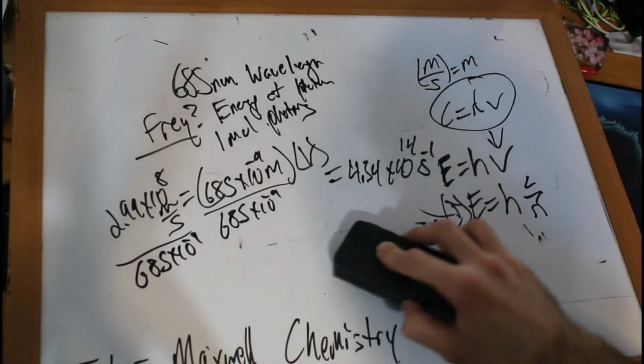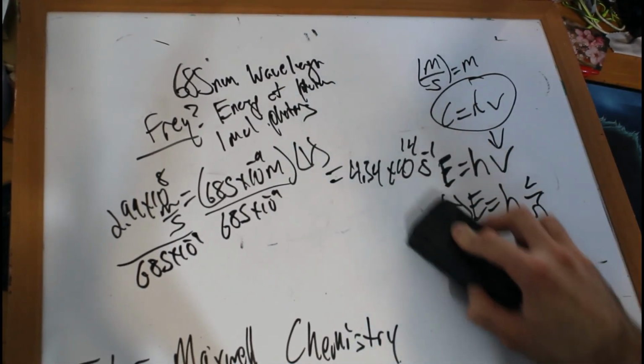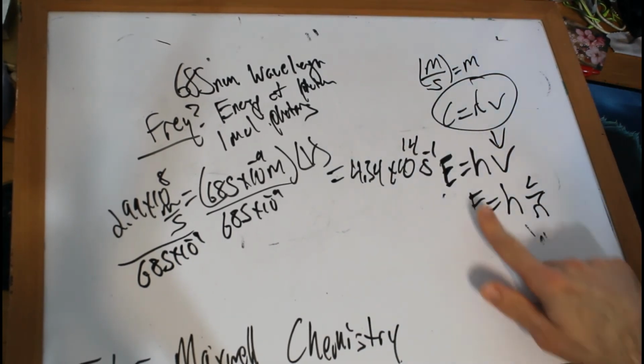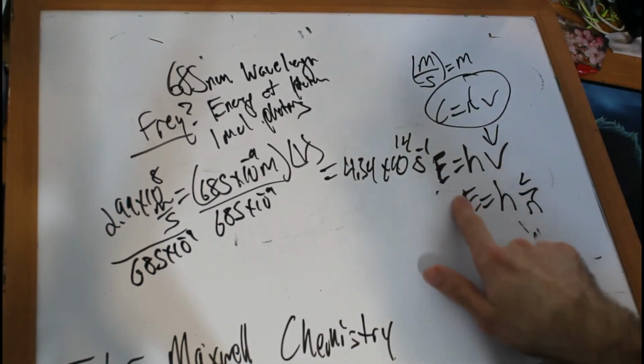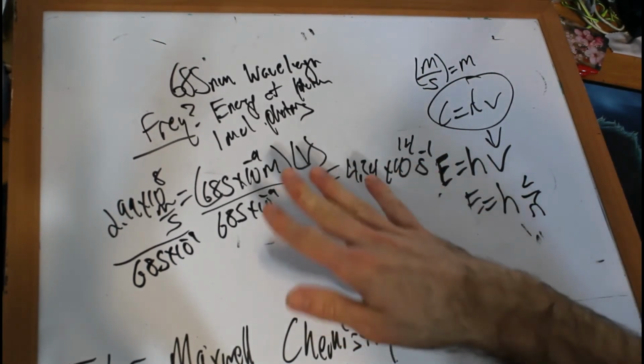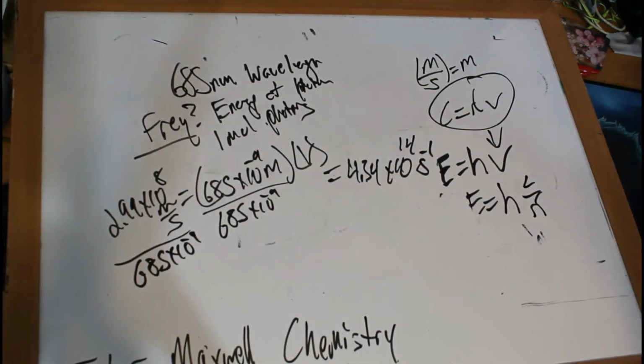Now, if we want to solve for our energy, we need to use this equation. Well, we can use either one of these, actually. We can use our wavelength or we can use our frequency.